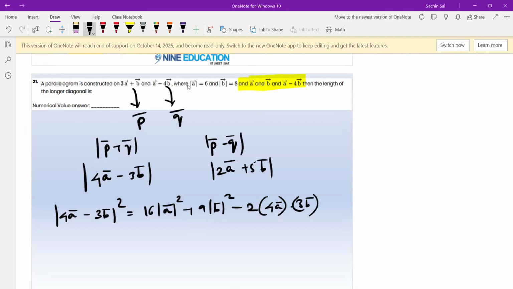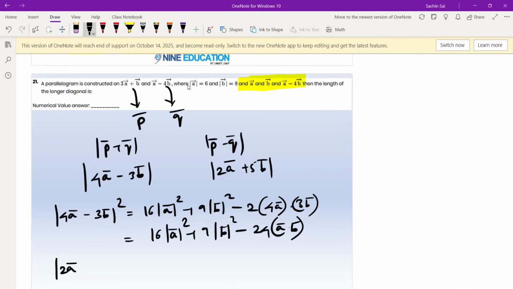In fact, I'll get 16 mod a square because 4a dot 4a is 16 times a dot a, that is 16 times mod a square. So this is 16 times mod a square plus 9 times mod b square minus 24a dot b, right?